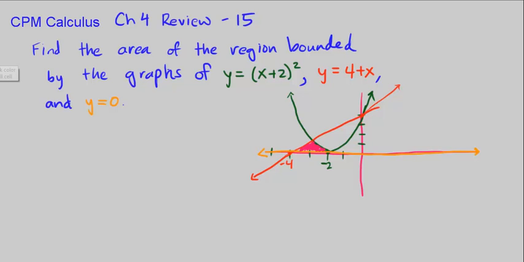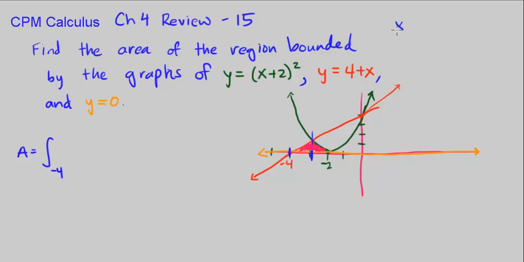So let's go ahead and set up an integral for that area. The area is going to be the integral from -4 to the x value where these points meet, right? So what is that x value? Well, you might be able to find the intercept on your calculator, or you can look at where the red and green graphs meet.